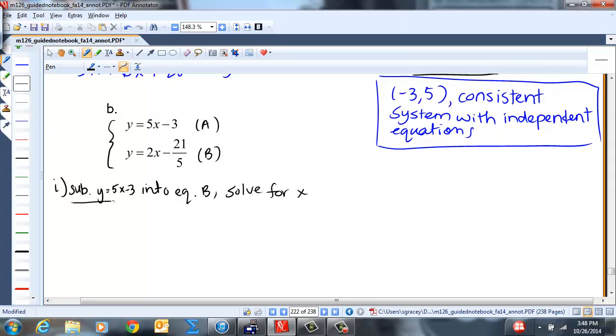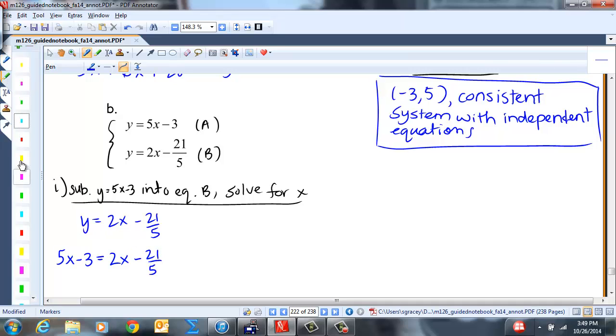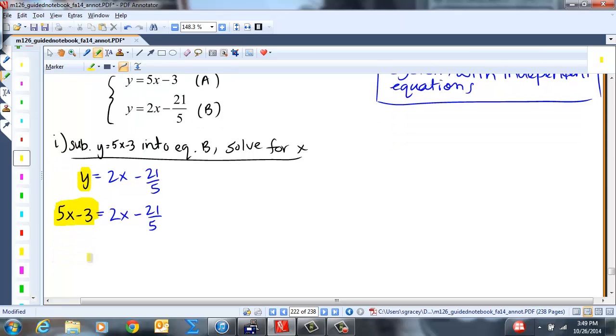So you have y is equal to 2x minus 21 fifths. And for y, we're going to put 5x minus 3 is equal to 2x minus 21 fifths. So that's what we did here. Subtracting 2x from both sides, we'll get 3x is equal to negative 21 fifths plus 3.